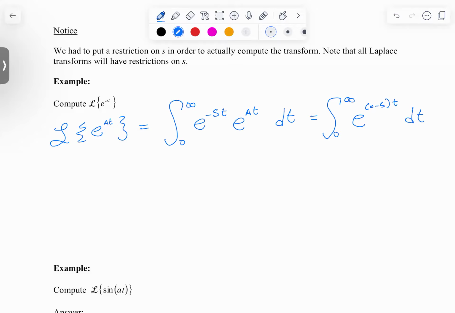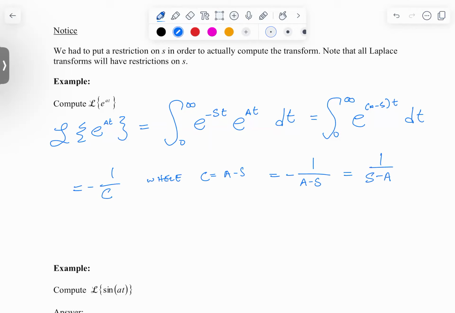Once again, I have it in the same form as above, but now c is a minus s, which means this is negative 1 over c, where c equals a minus s, which becomes negative 1 over a minus s, or that would be 1 over s minus a.